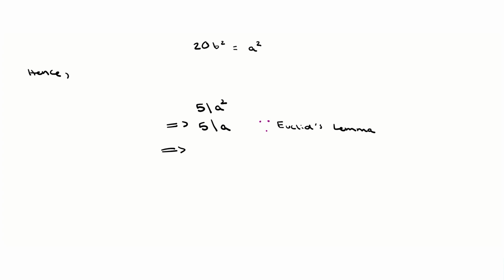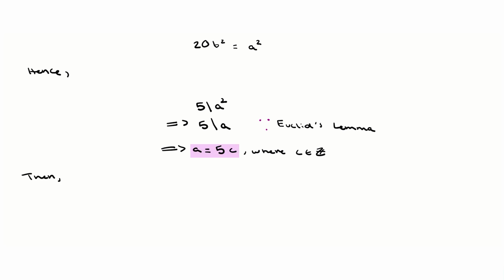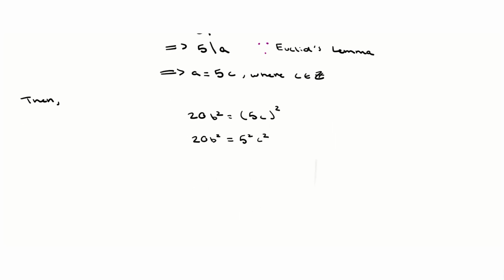And then we see that a equals 5c, where c is some integer. Then we see that when we plug in a equals 5c into 20 times b squared equals a squared, we get 20 b squared equals 5c squared, which equals 20 times b squared equals 5 squared times c squared.